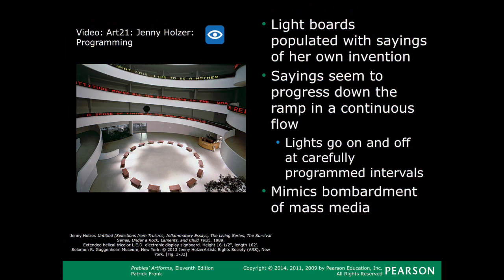And so she would talk about messages of feminism, of basically things that she wants to change when it comes to society in general. So Jenny Holzer is a very interesting artist. I don't know if she does a lot of work like this still.